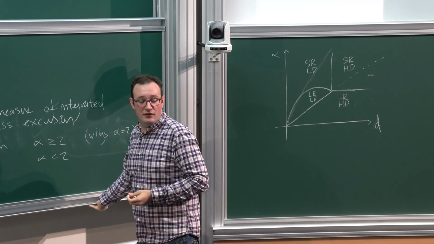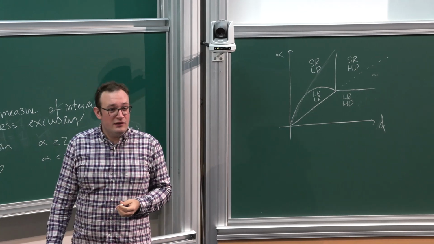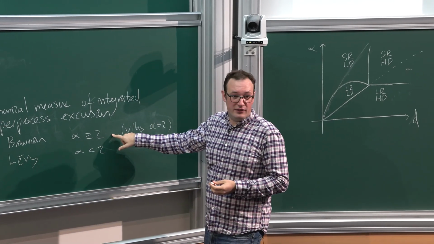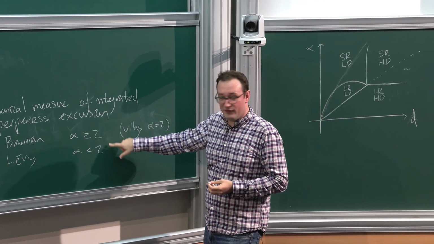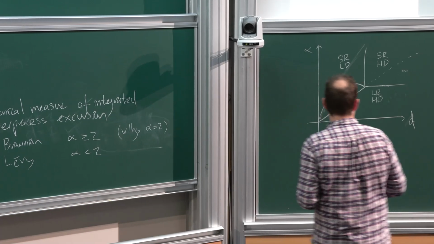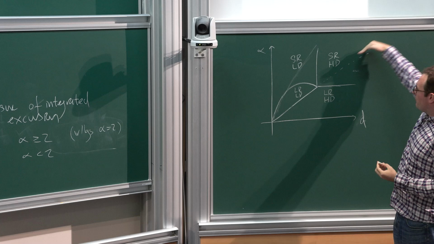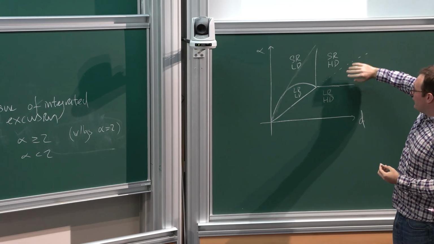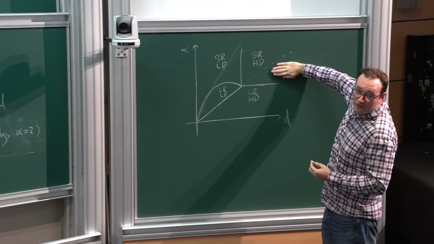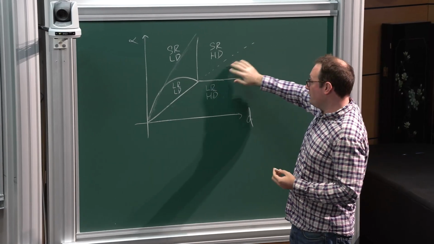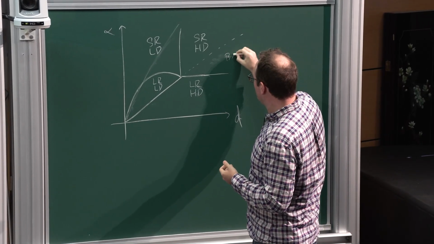Because you said it's short range, but you still see Levy. You get the Brownian. The transition to short range is at alpha equals 2. And where is it on this picture? So the theorem applies whenever you're below this line, right? But in this cone here, you're effectively short range, but the theorem still applies and you get Brownian. And below it's Levy.